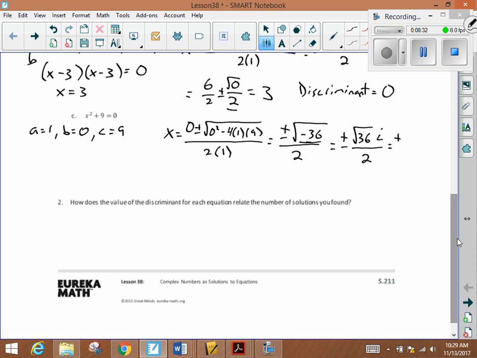So that'll give me plus or minus the square root of 36, which is 6i over 2, which is plus or minus 3i. So my two answers are x equals 3i and x equals negative 3i.